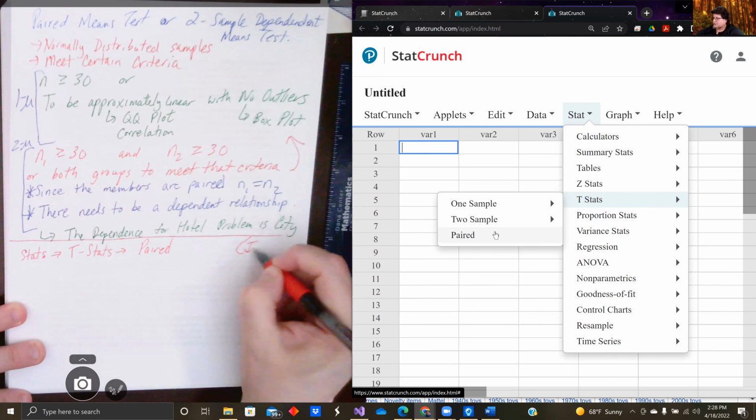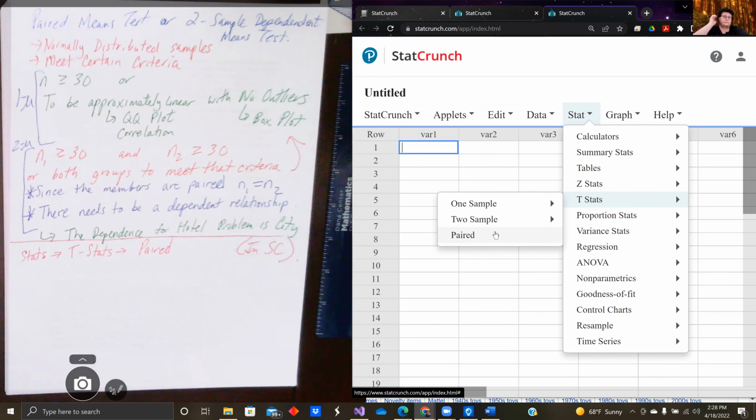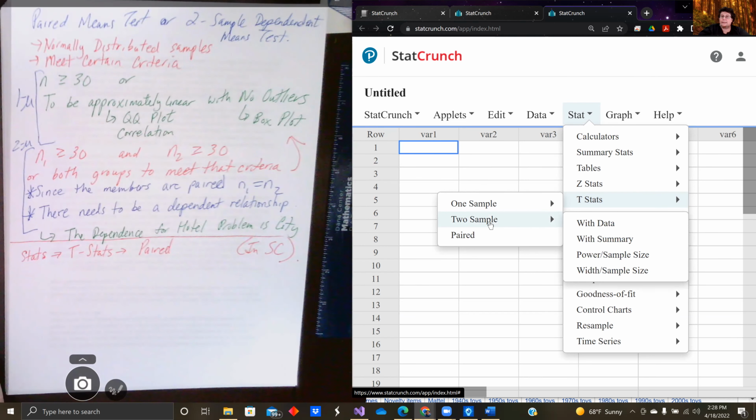And this is in StatCrunch. Now notice what happens when we got two sample, which we'll do on Wednesday, and one sample. In both of those cases, it prompts us with data or with summary.